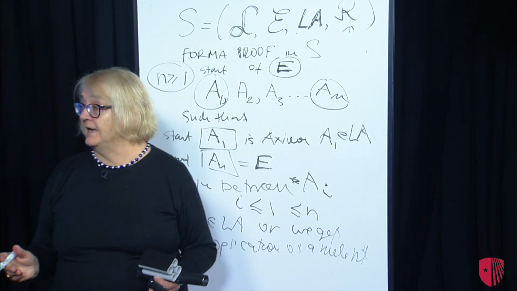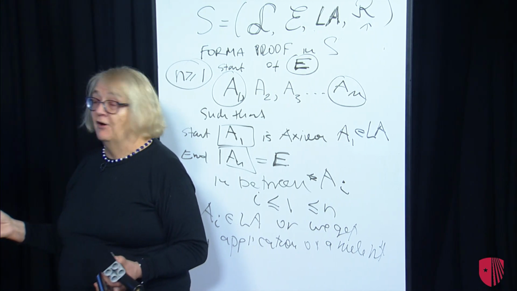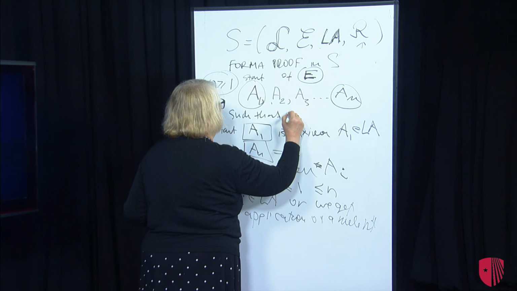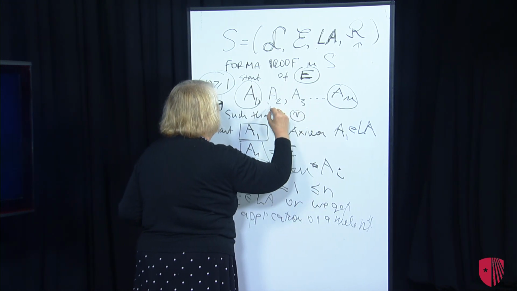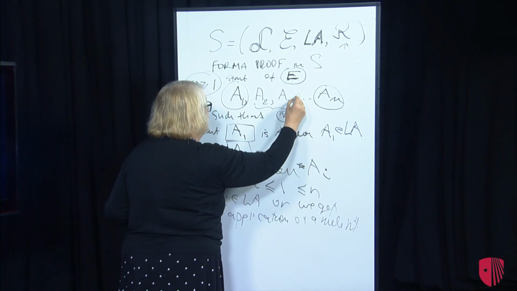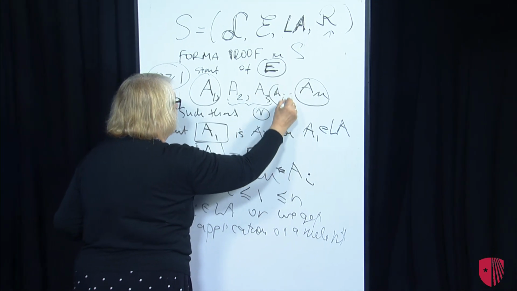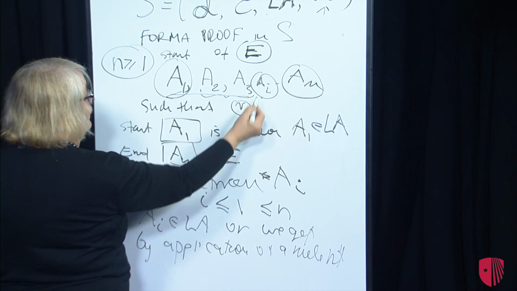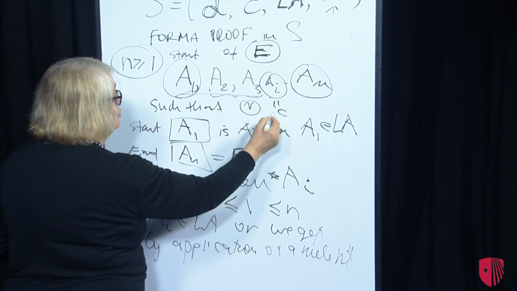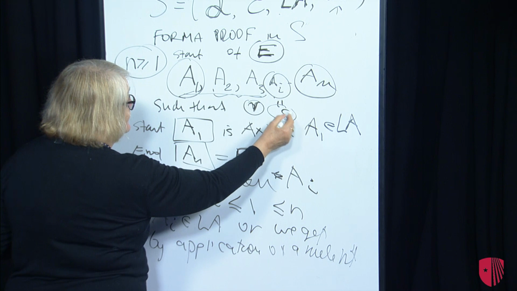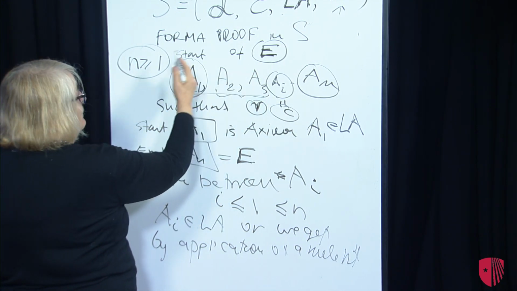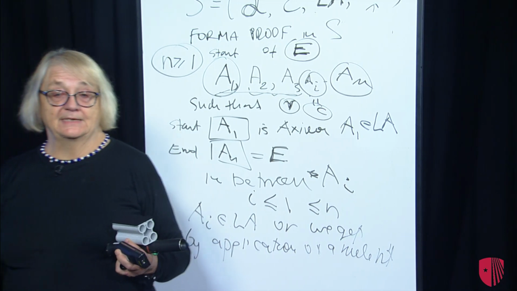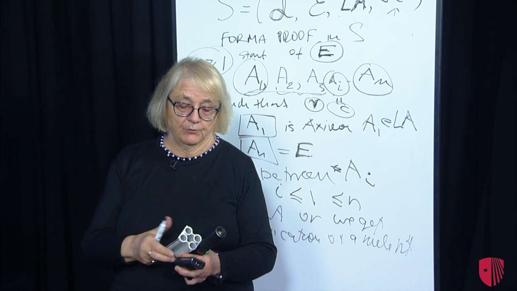But in an application of a rule of inference, all premises must be located before. So Ai is the conclusion of that rule of inference, and the premises must be before, so you construct such a sequence. And n is the length of the proof.